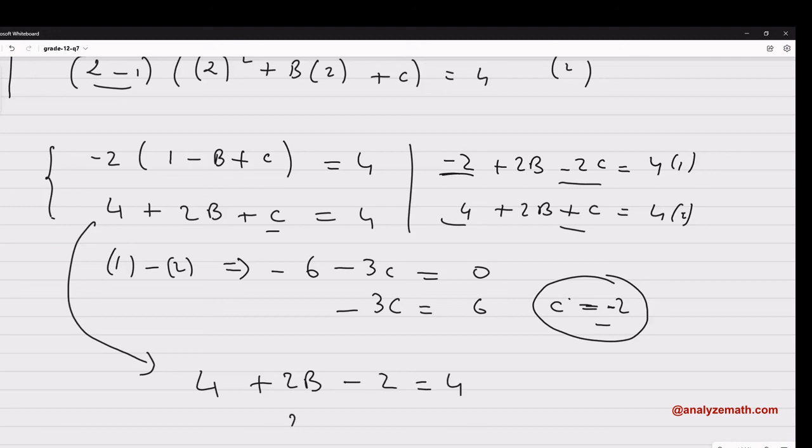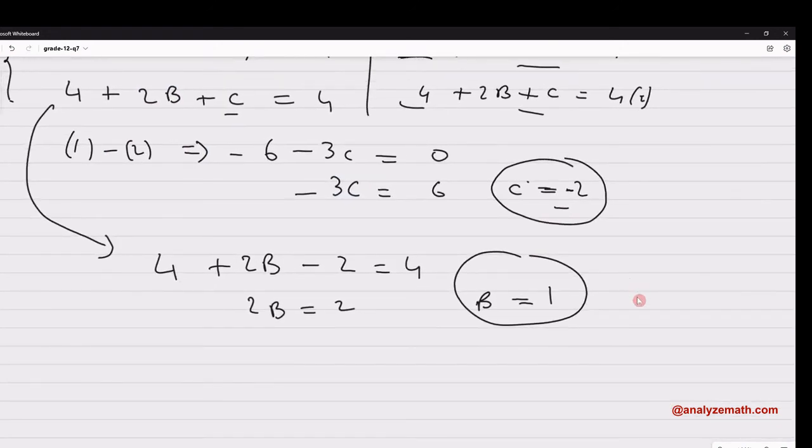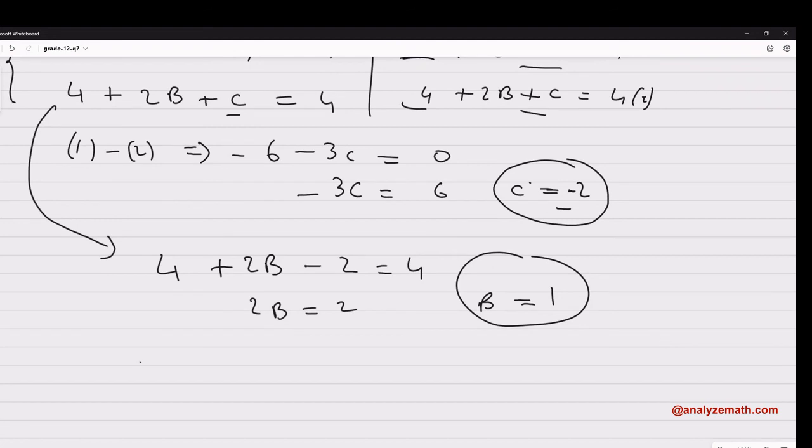And then I solve: 2b equal 2 and b equal to 1. Now our polynomial is written as (x − 1) multiplied by (x² + bx + c), with b equal to 1, c equal to −2.